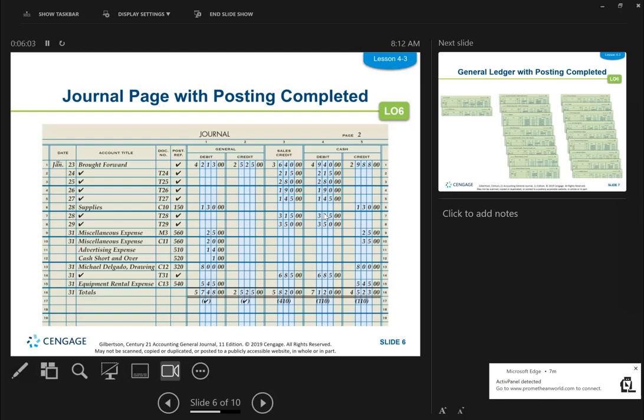So here's an example, this was our journal page where we've completed the posting. Notice under each column total, there's a mark indicating whether that total was carried into the ledger or not. Remember, the check marks indicate it's not carried over individually, but is part of some aggregate number in our ledger.